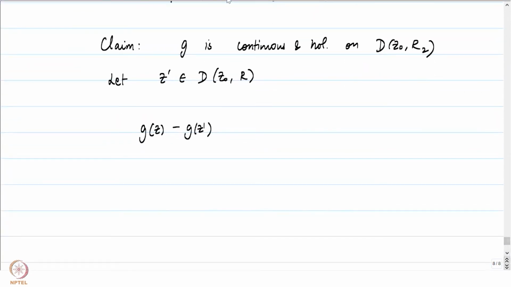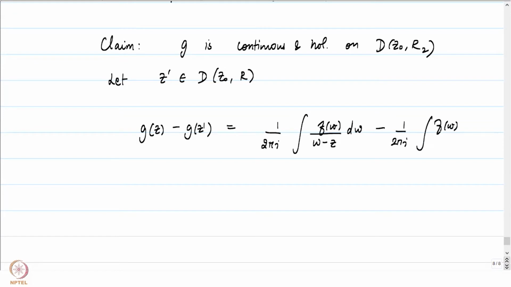Then, what is the first observation? This is just going to be equal to, by the very definition, 1 by 2 pi i integral of f of w by w minus z dw minus 1 by 2 pi i integral of f of w by w minus z prime dw.